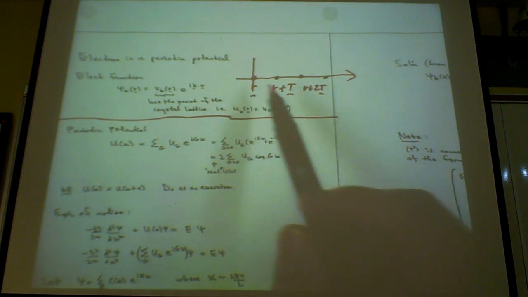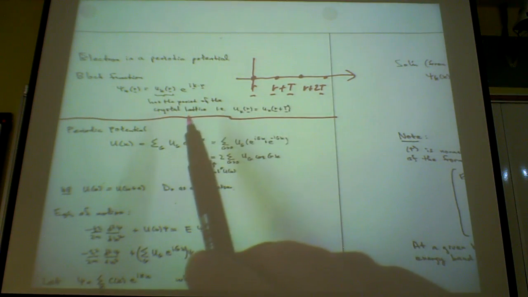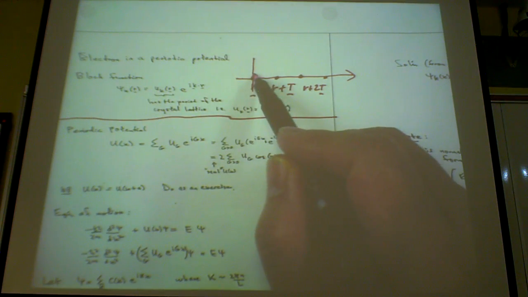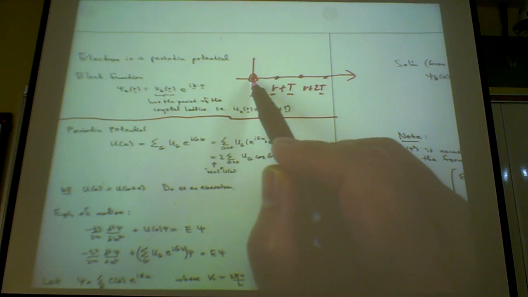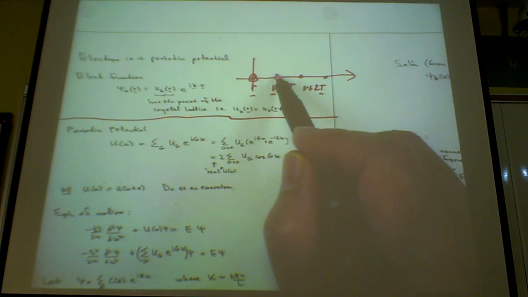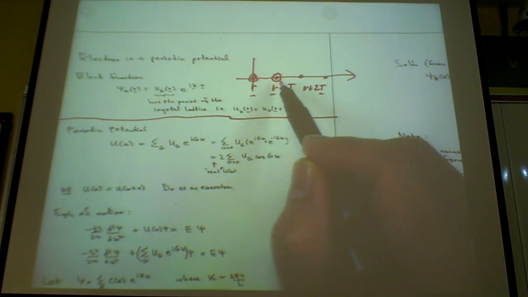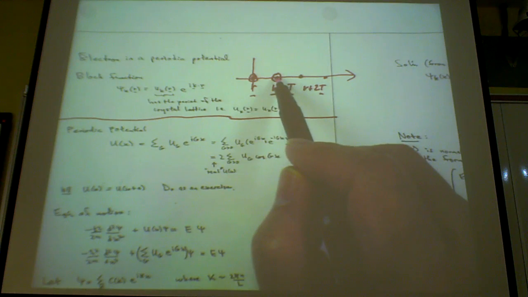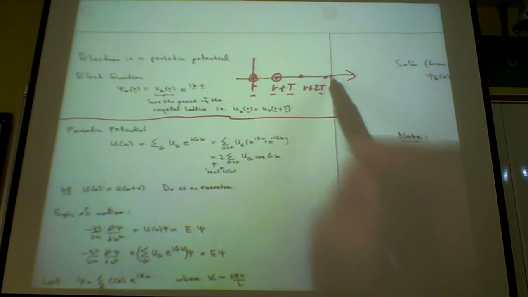So when we say periodic, what does it mean? It means that for this wave function, if I'm at this point, I would not see any difference if I transport myself by the periodicity, by T. So the function that I see here must be the same as the function I see here, or here, or here.